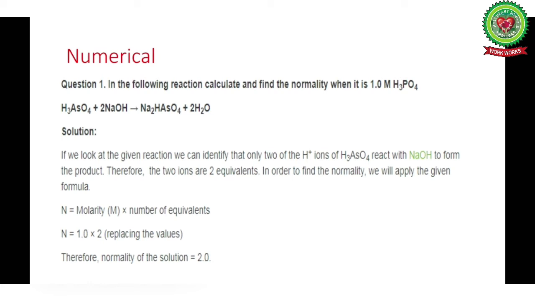H3PO4 will give 2 H positive ions, so small n will be equal to 2 only. Normality is equal to molarity into n. So normality is equal to 1, your molarity, given as 1 molar solution, and the value of n is 2. Therefore the normality of the solution is 2.